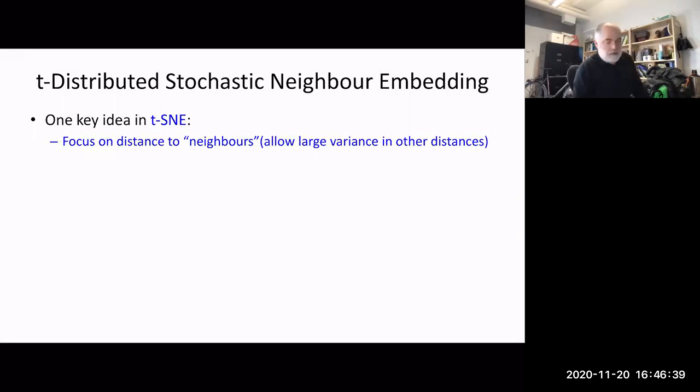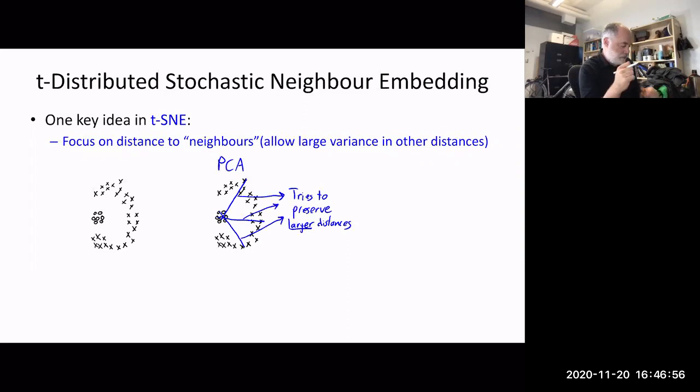There's like one main idea in t-SNE, which is that instead of focusing on large distances or small distances, you focus on distances to neighbors, period. You try to make all the neighbor distances consistent, but you allow large variance in other distances. So here's a silly data set, and we can imagine what PCA would do here.